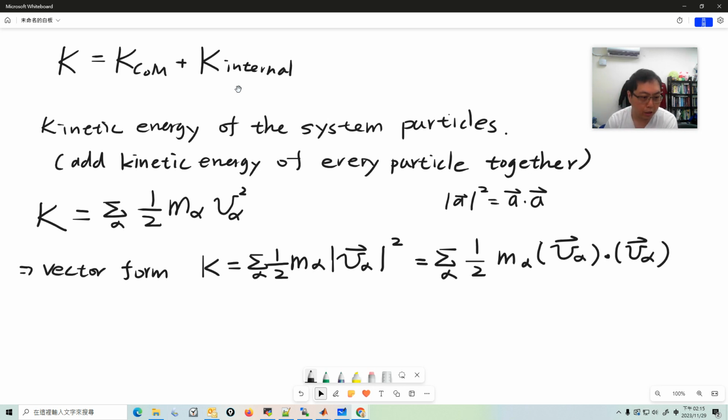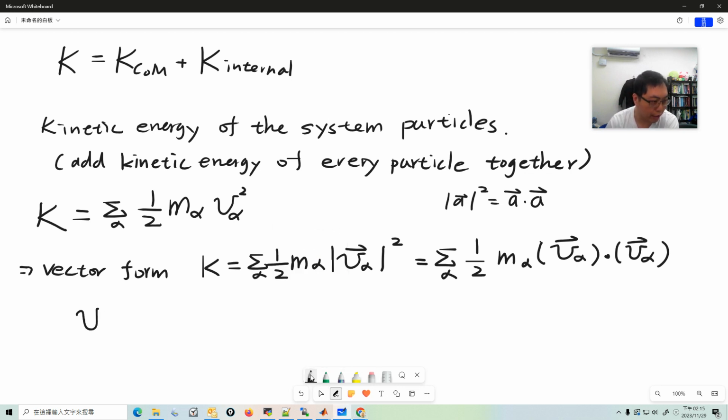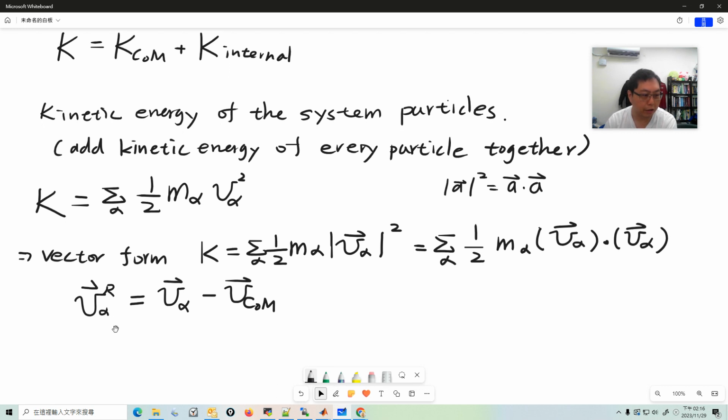What is the relative velocity? I use R. For a certain particle, and it's a vector now, the relative velocity is equal to the velocity vector of the particle minus the velocity vector of the center of mass. This is the relative velocity with respect to the center of mass.